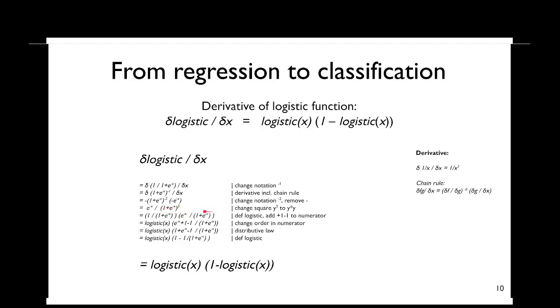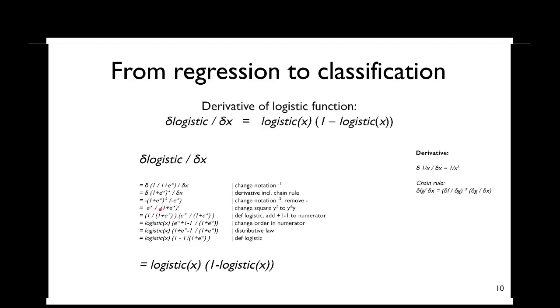Now the square that we have over here can be written, instead of y squared, as y times y. So that's what we're going to do now. We can also split the numerator, because this is 1 times e to the power of minus x, so we separate the two things.